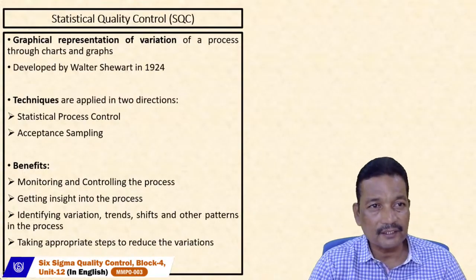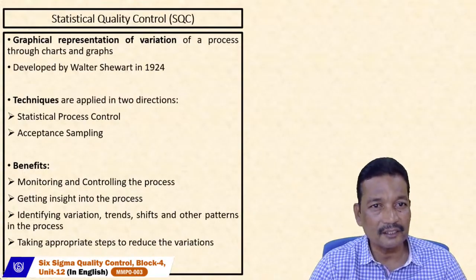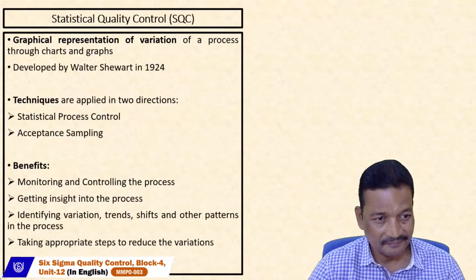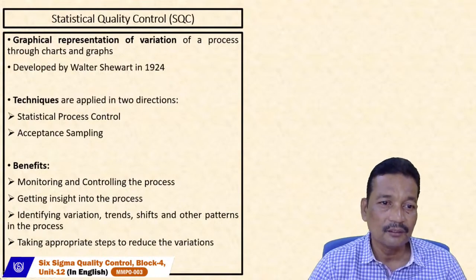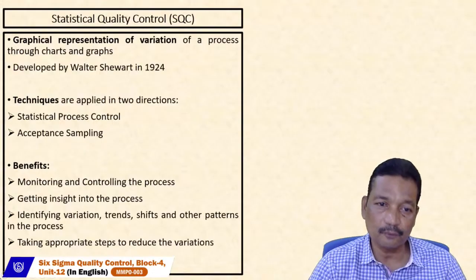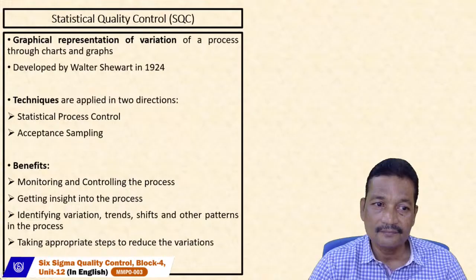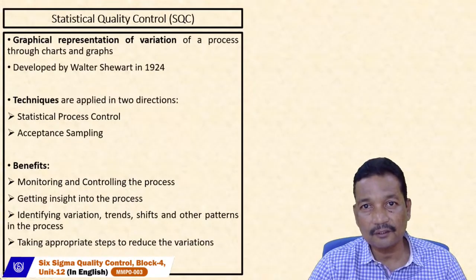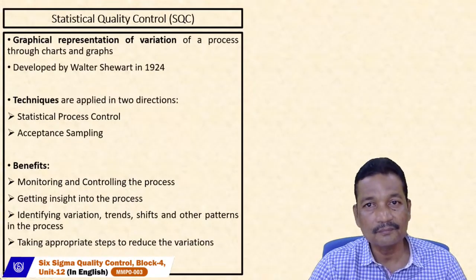Now, what is the benefit of this statistical quality control? It helps to monitor and control the process. The process is under constant lookout.